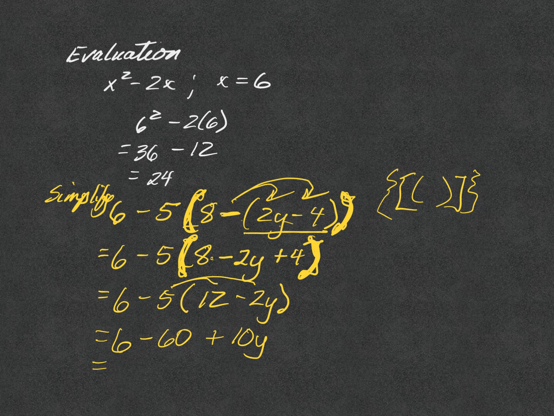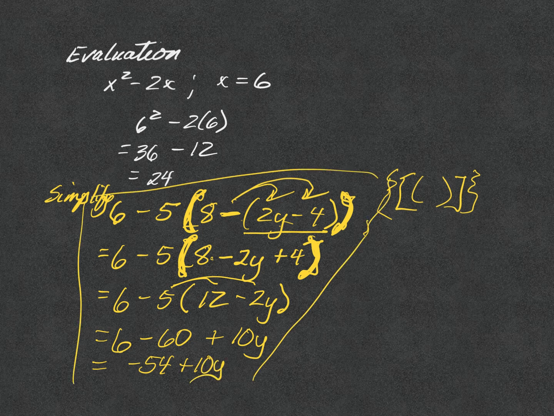And then 6 minus 60 is -54 plus 10y. And now there's our answer, right? And so I am done when I have no more like terms to collect. So you might have some simplify like this on the assignment as well. Okay?